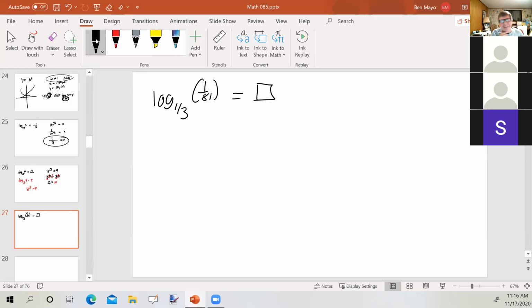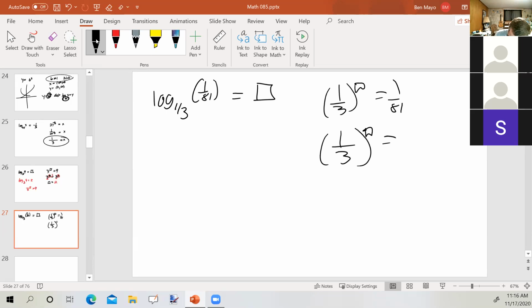Okay, so we've got that. Log base 1/3 of 1 over 81 equals box. So that means 1/3 to the box power equals 1 over 81. Okay, but couldn't I write 1 over 81 as 3 to the 4th power, isn't it? Well, let's see here. What's 1 to the 4th power?